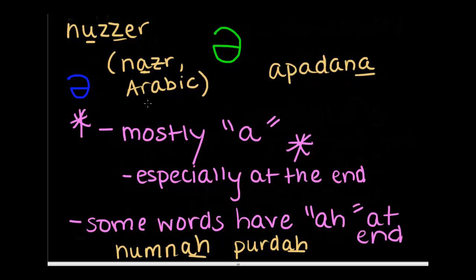So this looks more like an English word than this does. It looks like the word buzzer. So if you can connect that it was anglicized, then you know this is going to be N-U-Z-Z-E-R, and not that typical old Arabic/Hindi spelling. This is one of those examples where the rule applies, but it has been changed for anglicization.